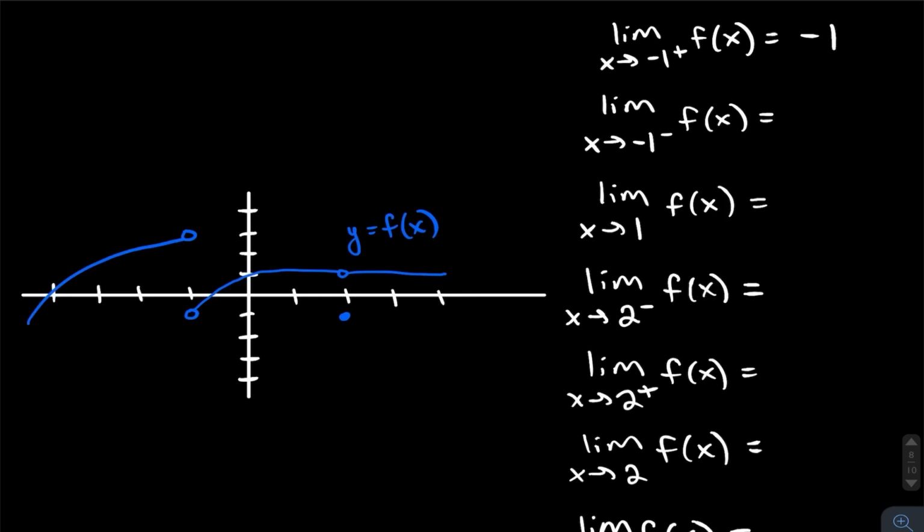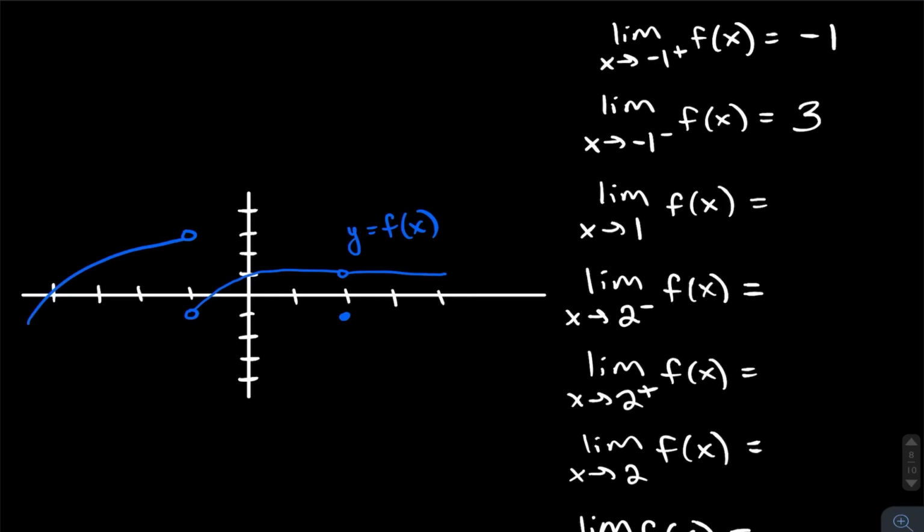As x approaches -1 from the negative side, we're coming from the left side this time. Now, if we follow the curve from the left side, we're getting closer and closer to a different point. We're getting closer to y equals 3. So that's 3.